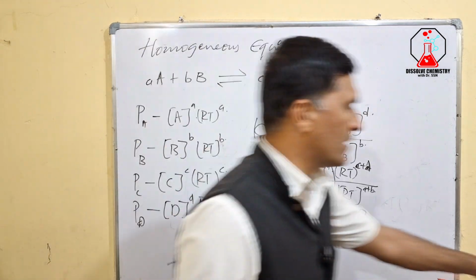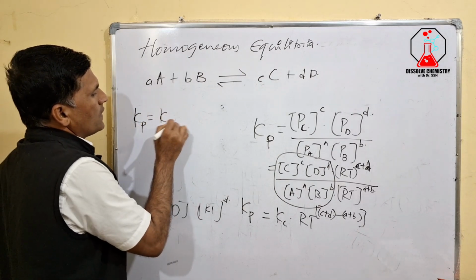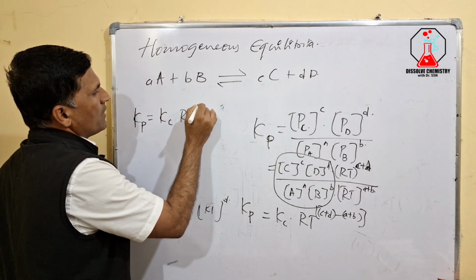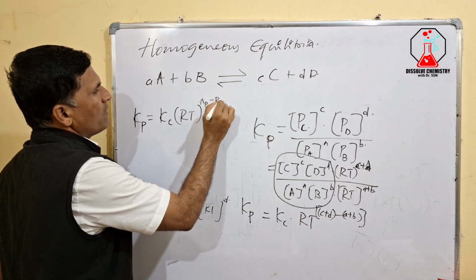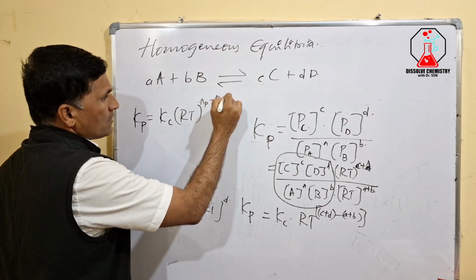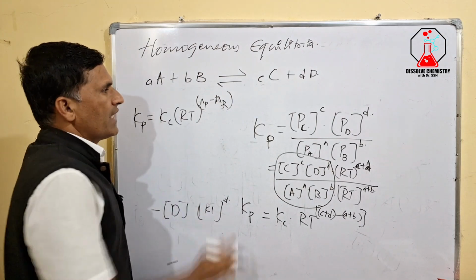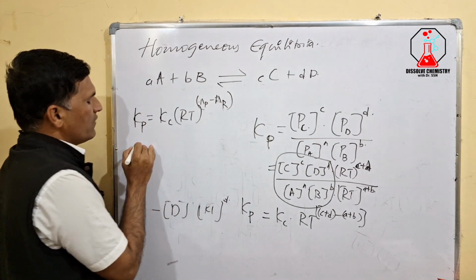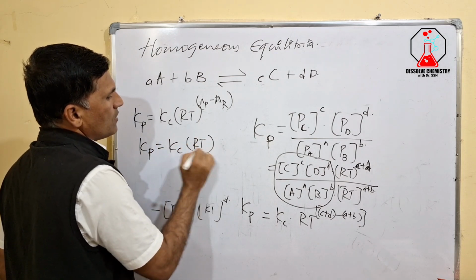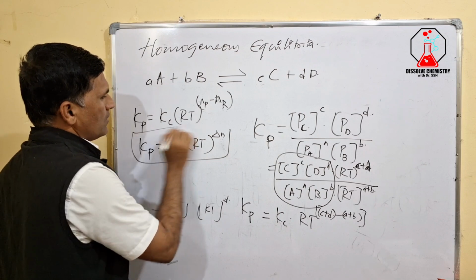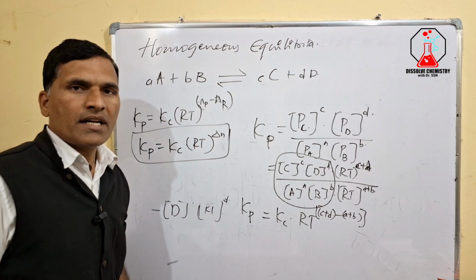So that is Kp is equal to Kc into RT raised to the power Np minus Nr, where Np is the sum of number of moles of products minus the number of moles of reactants. So we write Kp is equal to Kc into RT raised to the power delta N.